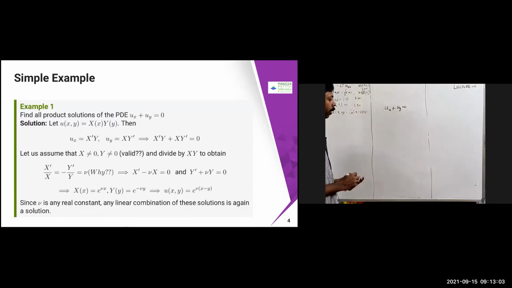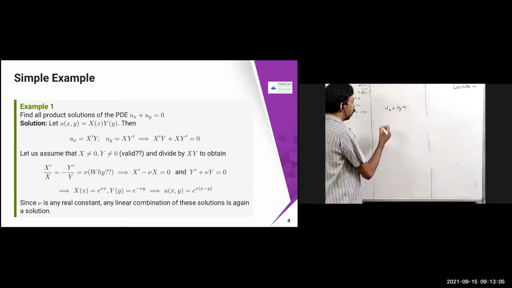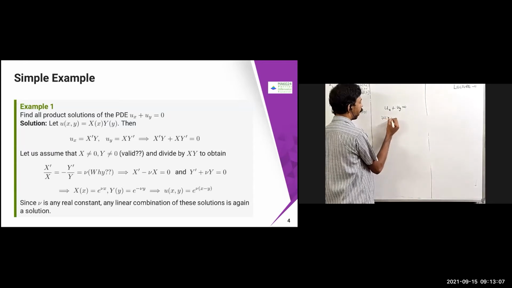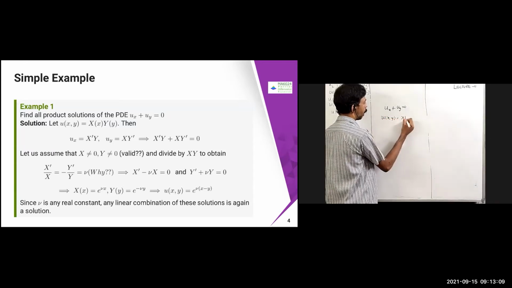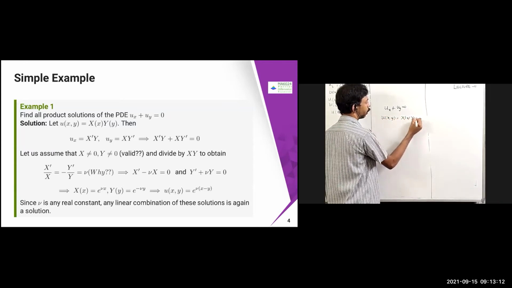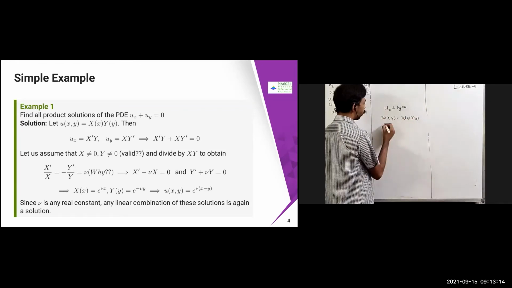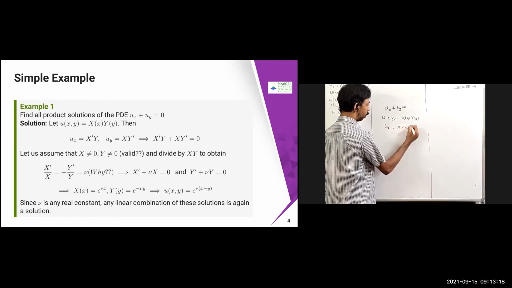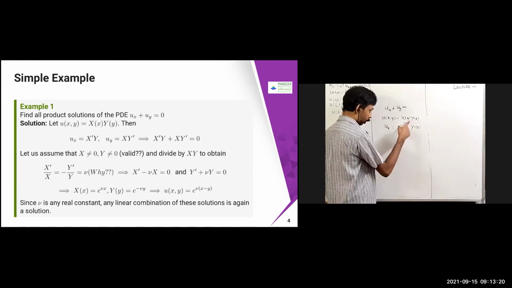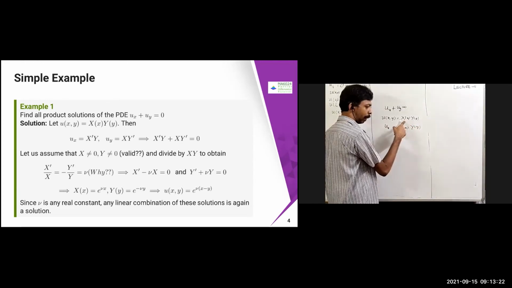Then what I'm going to see is what the product solution is going to be. So u of x comma y can be written as X of x into Y of y. Therefore, what is u_x? It is going to be X dash of x into Y of y, because only X is a function of x, and Y is not a function of x.